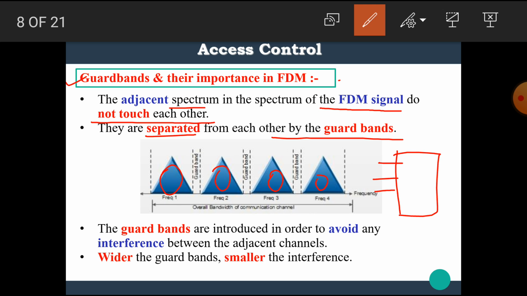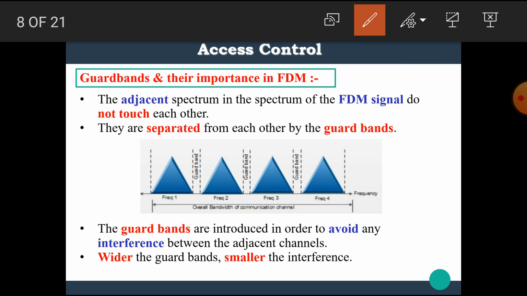That means there are four input signals and a single output signal in the multiplexing process. F1, F2, F3, F4 are placed simultaneously on the output Y. During this combination, they are separated by a specific band, known as the guard band. I hope you all understand the concept of guard bands.